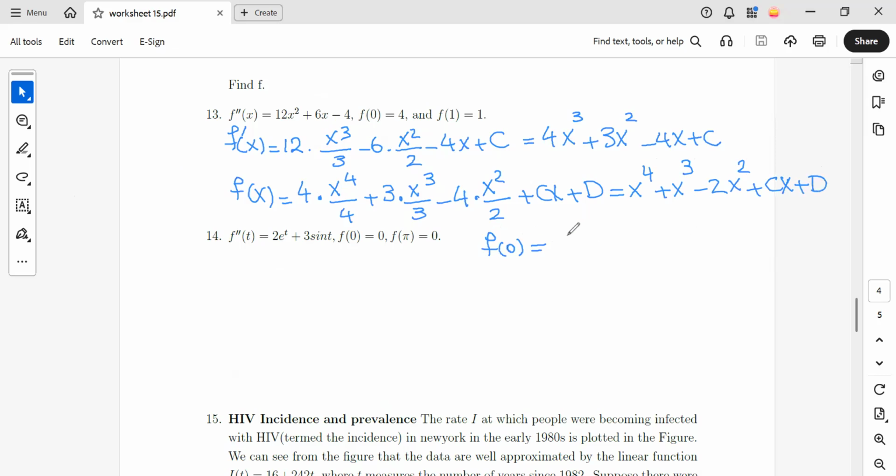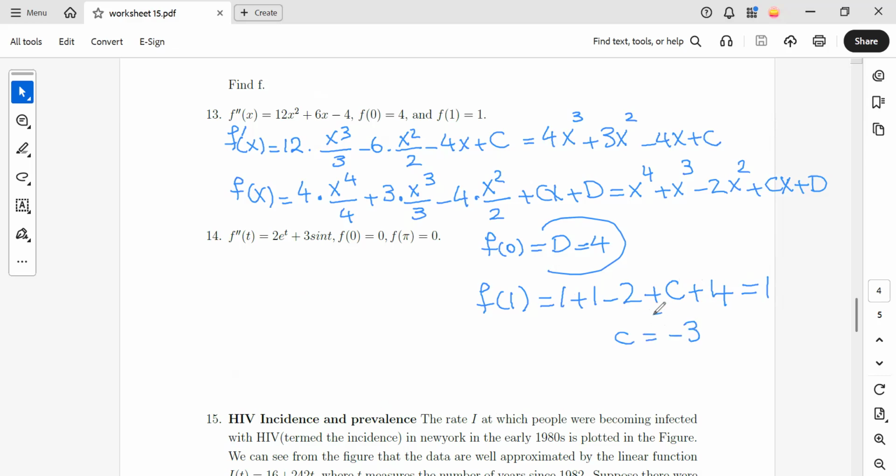Now, plugging in 0 gives us 0 plus 0 minus 0 plus 0 plus d, which, based on the question, is equal to 4. Also, we have f of 1. So if you plug in 1, you would get 1 plus 1 minus 2 plus c plus d. We know that d is 4, and based on the question, f of 1 is 1. So altogether, c would be -3 here.